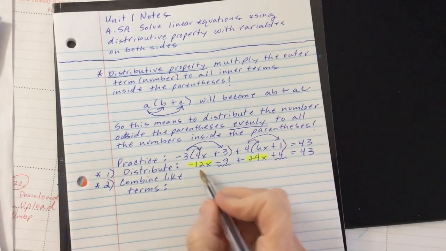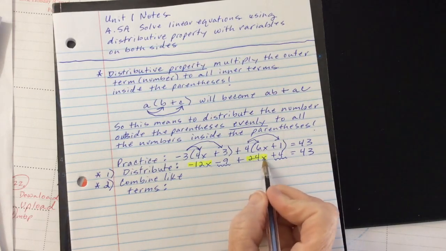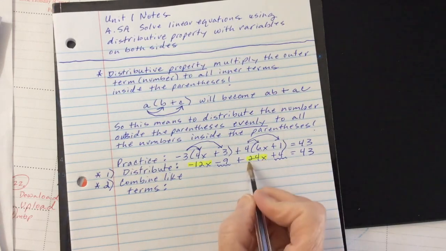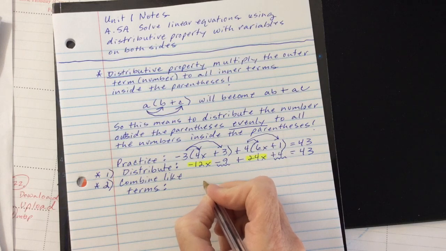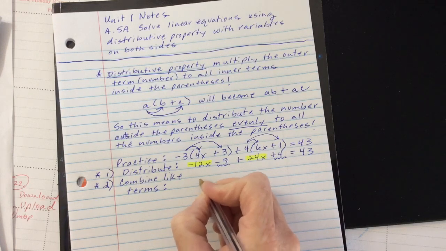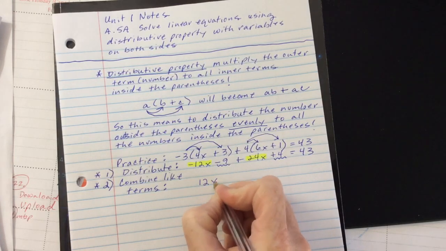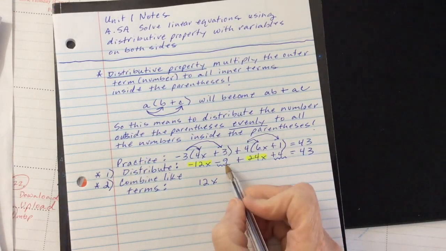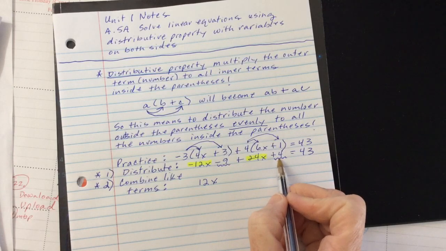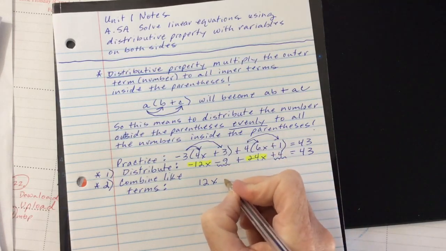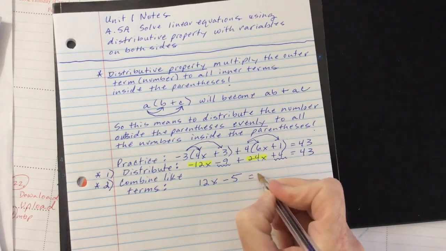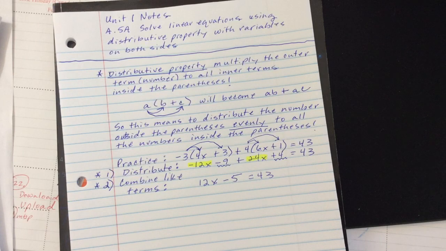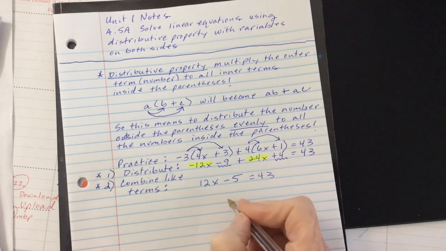So let's combine those. -12x plus 24x is going to give us a 12x. Okay? And then we have -9 plus 4. So that will give us a -5. And then we just bring down the 43. So now we have an easier problem to solve.